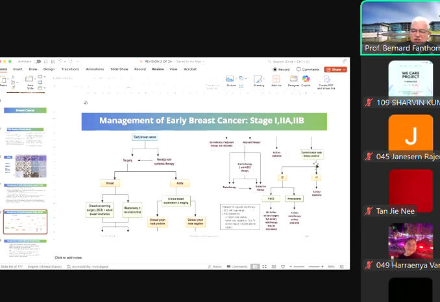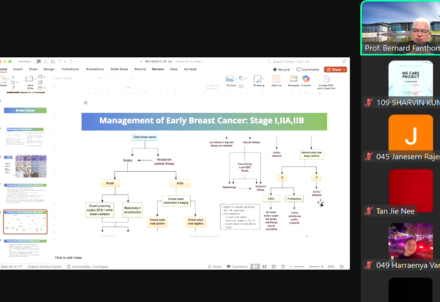Then based on the sentinel lymph node biopsy, if less than two nodes are positive and the patient is going for breast conserving treatment, that is lumpectomy, and is going to receive radiotherapy, then no further action. But if one or two nodes are positive and the patient is going for mastectomy, we will complete the axillary clearance. If more than two nodes are positive, then we will always do an axillary clearance.